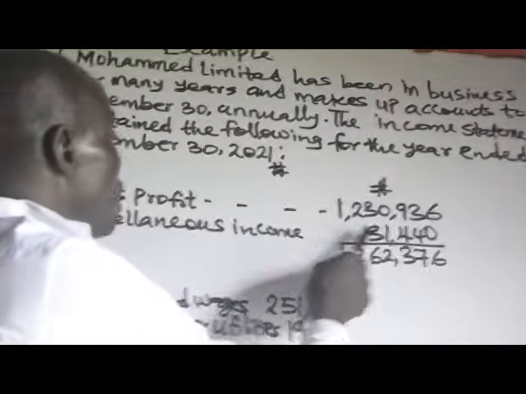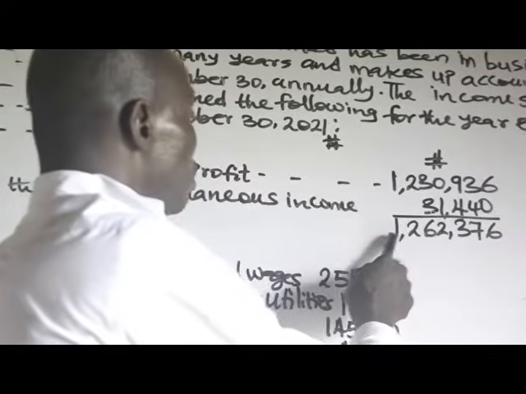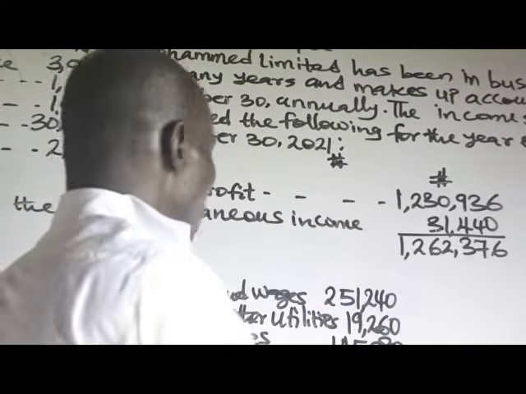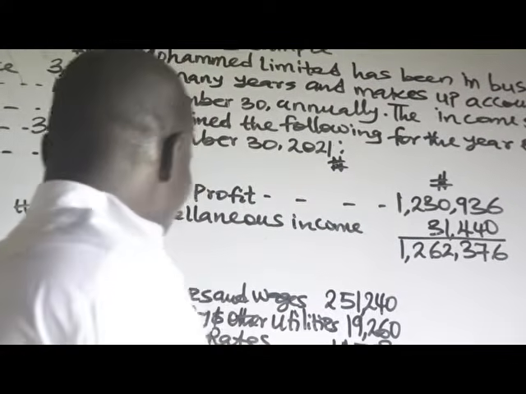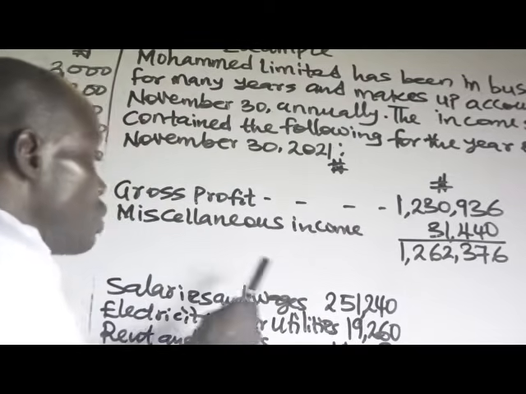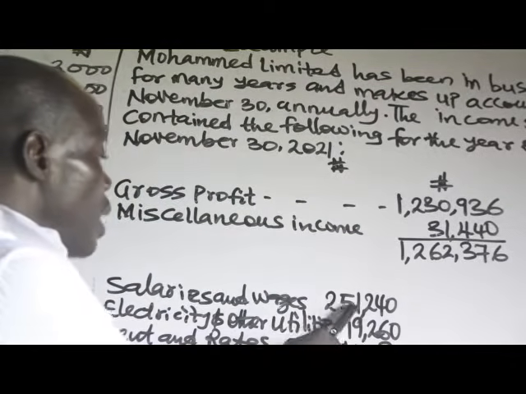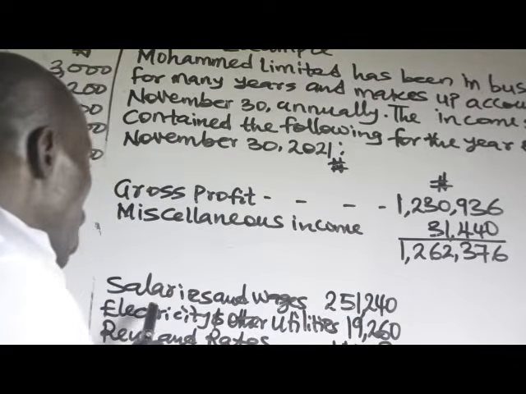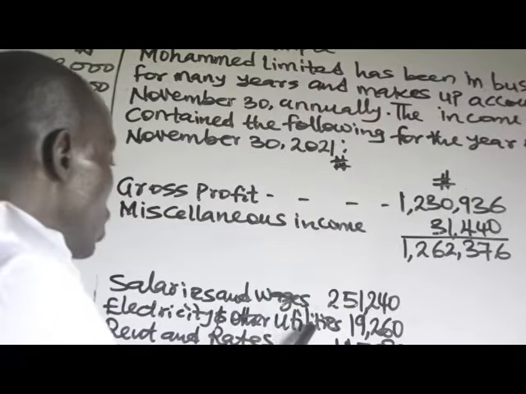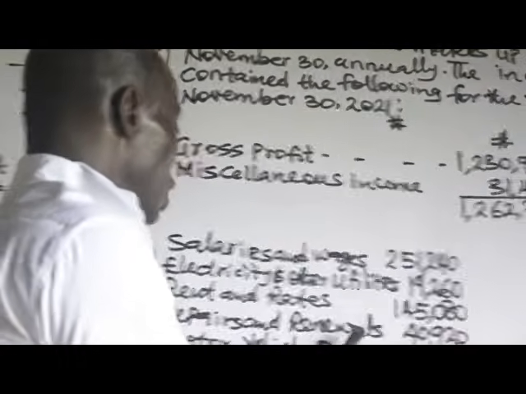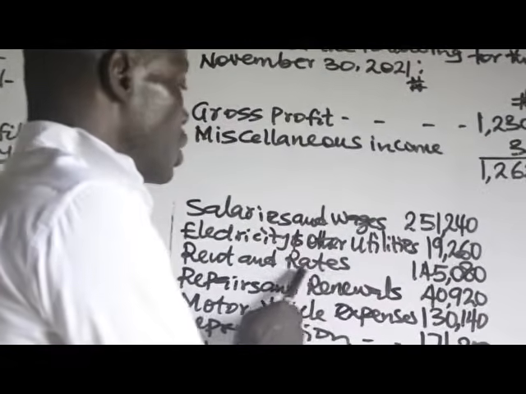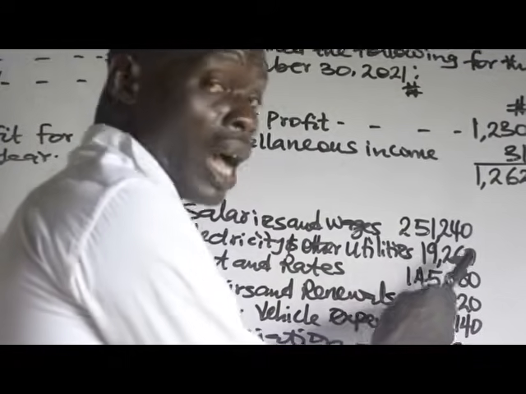Miscellaneous income 31,440, and total income is 1,262,376. We have salaries and wages 251,240. Electricity and other utilities 19,260. Rent and rates 145,080.